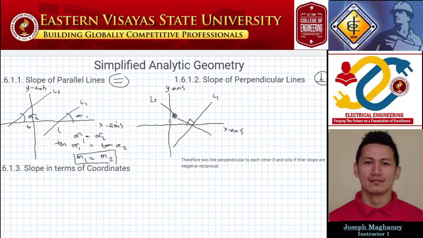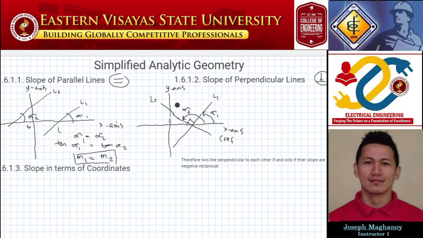Okay, going back to our discussion. The angle between the reference x-axis and line 1, you can denote this as alpha 1, and the angle between the reference and line 2 you can denote as alpha 2.